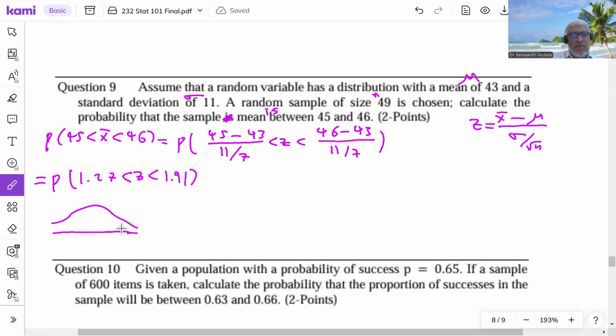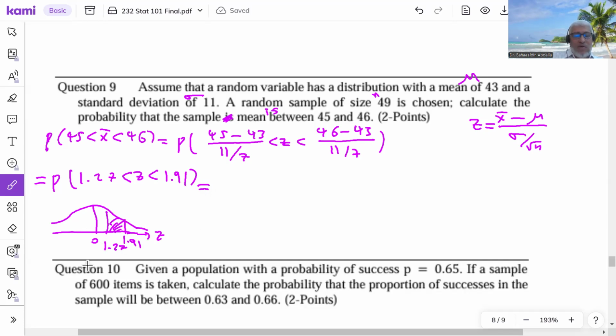So this is the table, and this is 0, and this is, for example, 1.27, and this is 1.91. I need this area. But the table gives me only the area from 0 to 1.91. So I'll have the area from 0 to 1.91 minus the area from 0 to 1.27, and I will get this one.